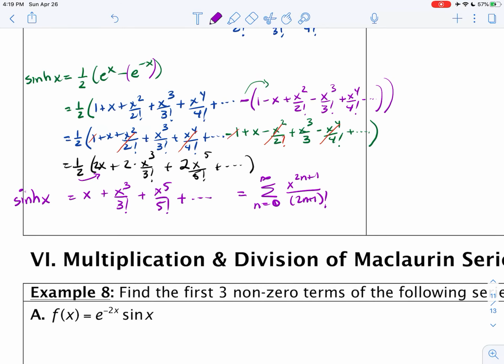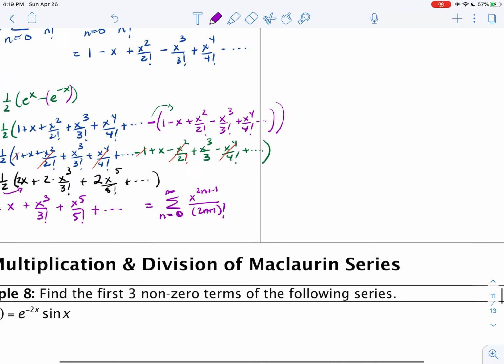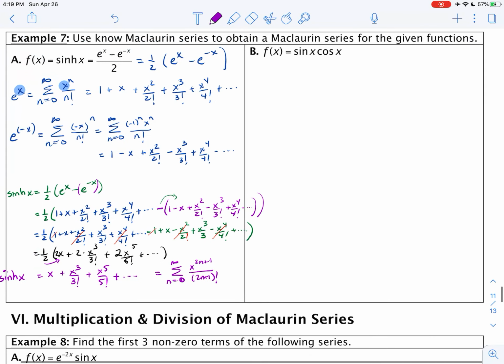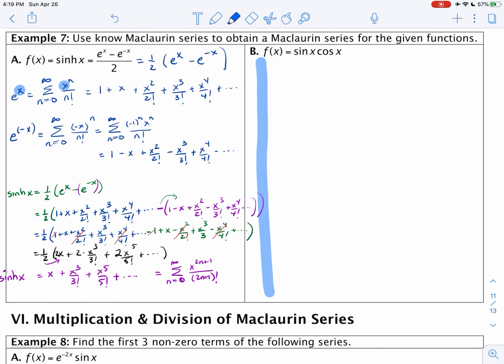Good. And that is my Maclaurin series expansion for hyperbolic sine, and I began by just using definitions of power series expansions for e to the x and the definition of hyperbolic sine.